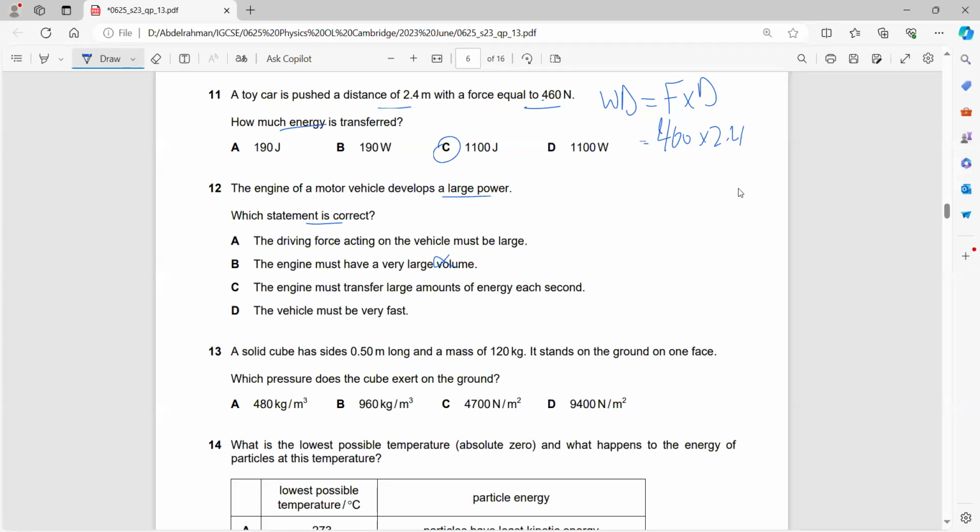The engine must transfer large amounts of energy each second? It has to do with the time. Energy per unit time is the power. Power equals work done over time, or energy over time. Yes, it has to be C. Large amounts of energy each second. Energy per unit time. That's quite easy.